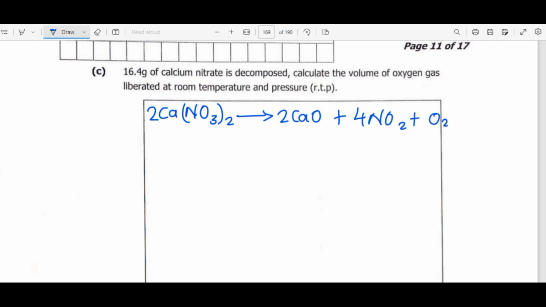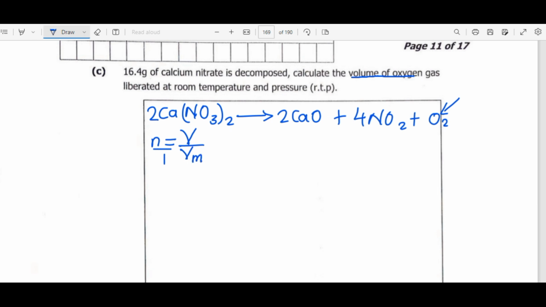Now our target is we want the volume of oxygen, so the volume of this gas. Now the formula for volume is given by this formula. Number of moles is equal to volume of the gas divided by molar volume.